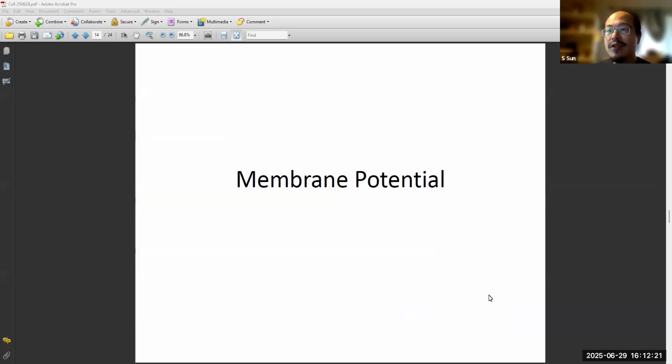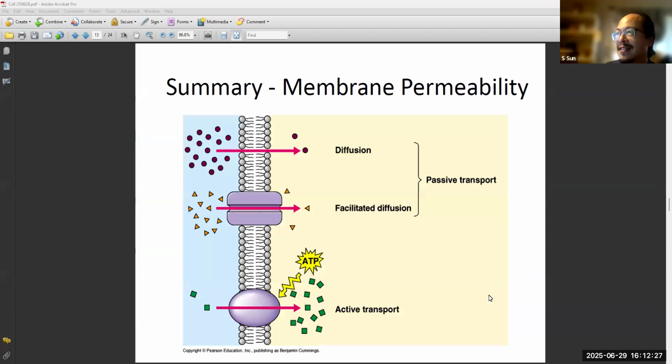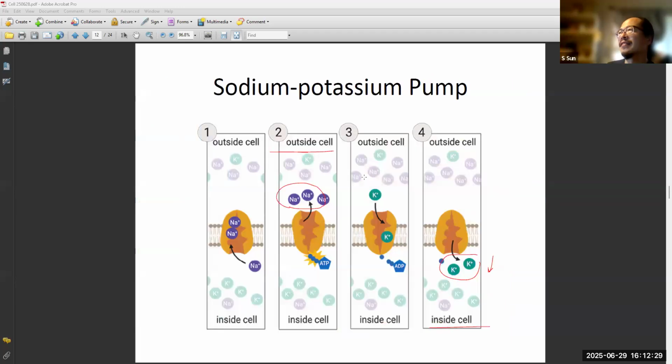Before we talk about that, I want to review one thing that we mentioned earlier, which is the active transport. So that's this thing here, the sodium potassium pump. As I mentioned before, every cell has this pump to do one thing: pumping sodium and pumping potassium.